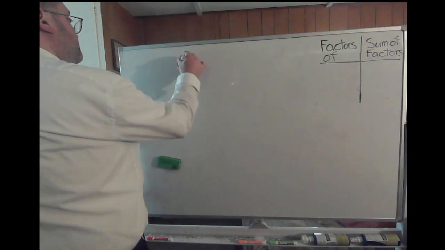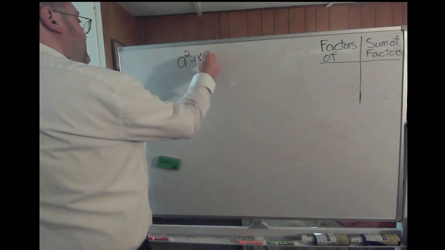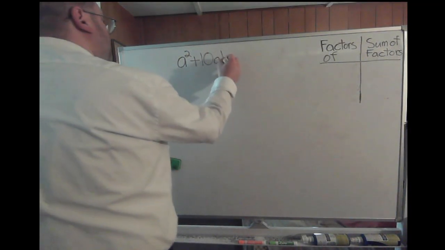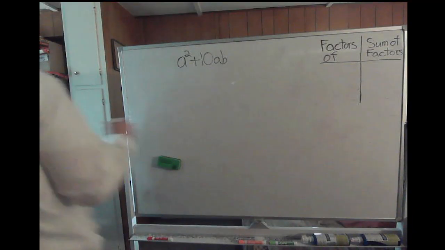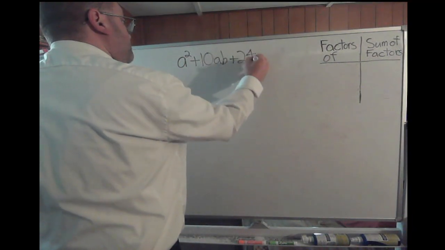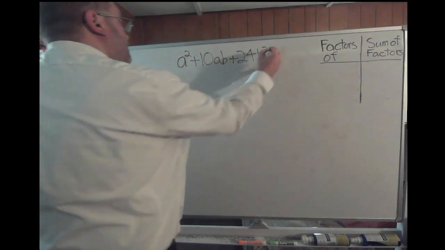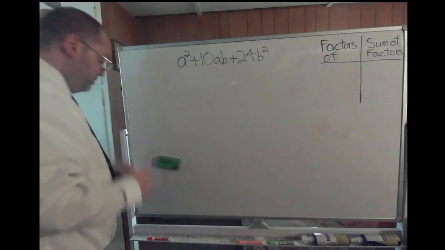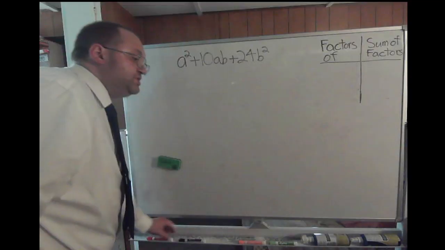We got a squared plus 10ab plus 24b squared.